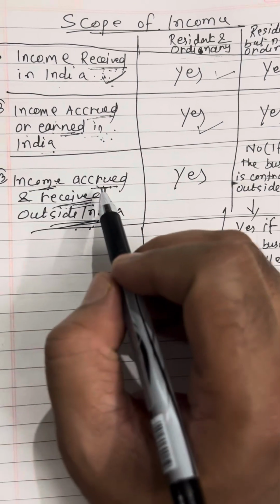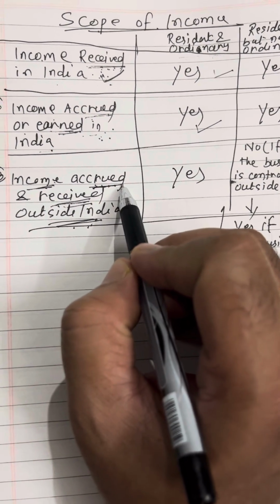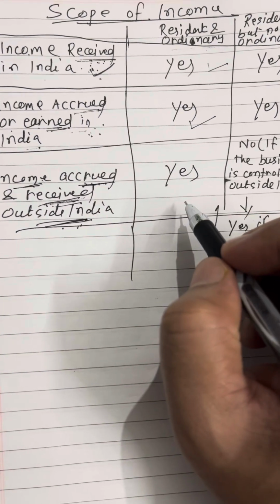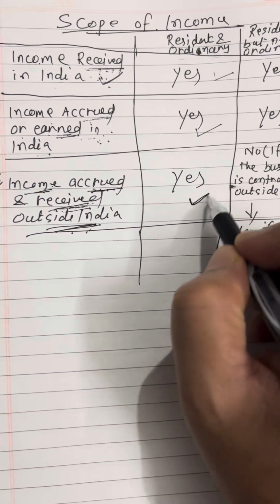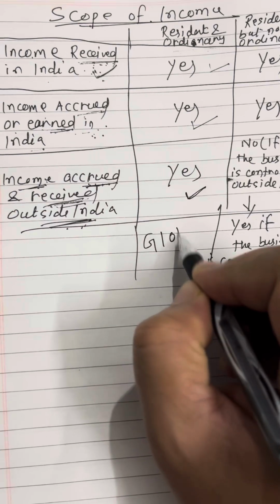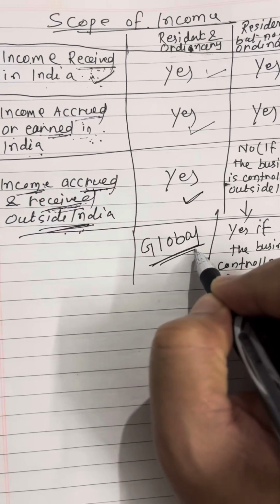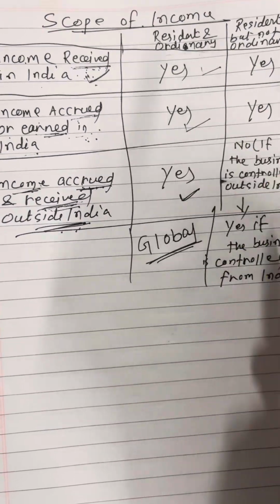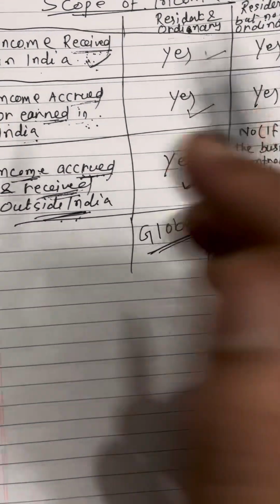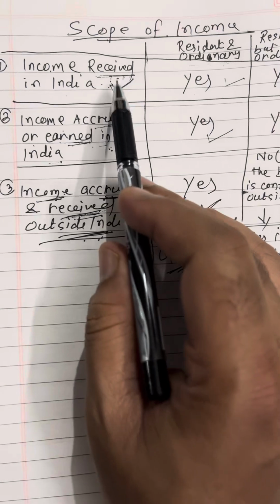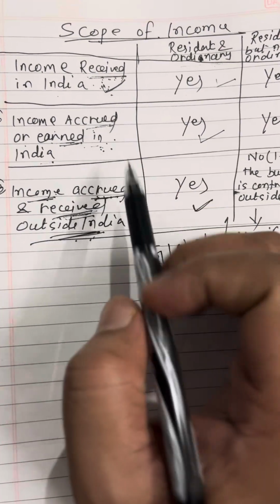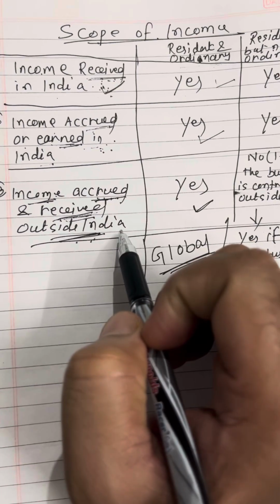Income accrued outside India and received outside India, in that case also, is taxable in India. That means global income is taxable in the hands of a resident who is ordinary resident. Fine, understood? Received in India, accrued in India, and income accrued and received outside India.